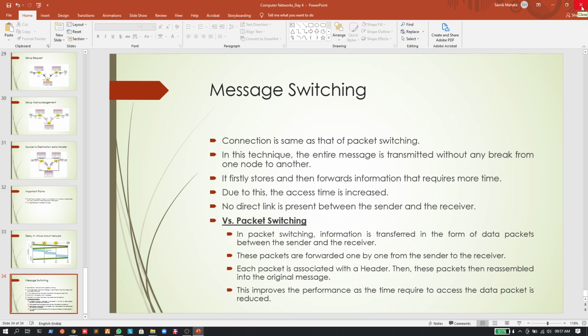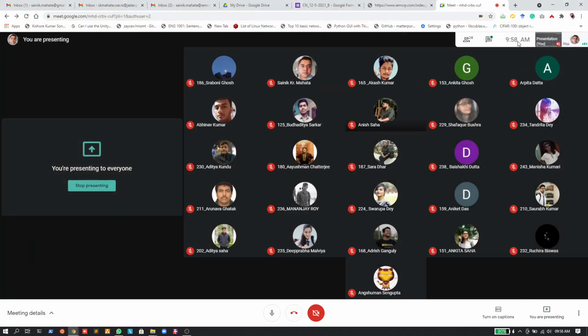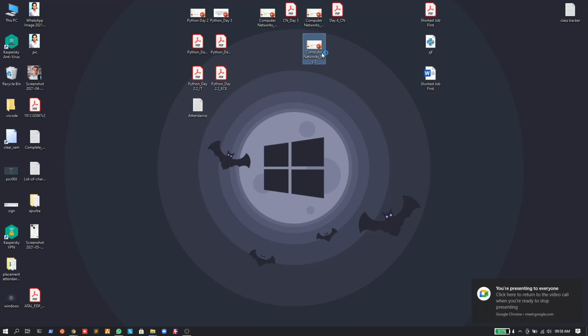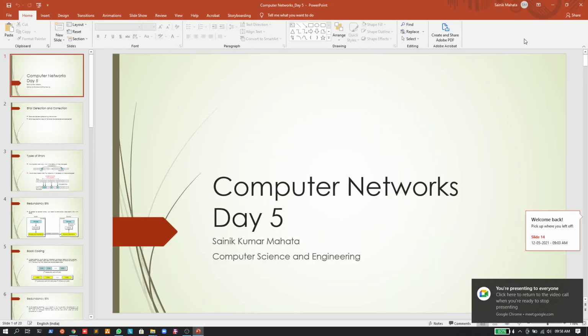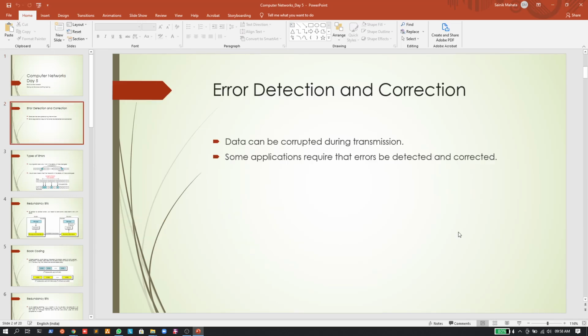Now we will go to the next slide, that is the slide of the data link layer that we have prepared, and we will start with that. First and foremost, if you remember, whenever we were talking about the data link layer, we said that it is concerned with mainly three things.